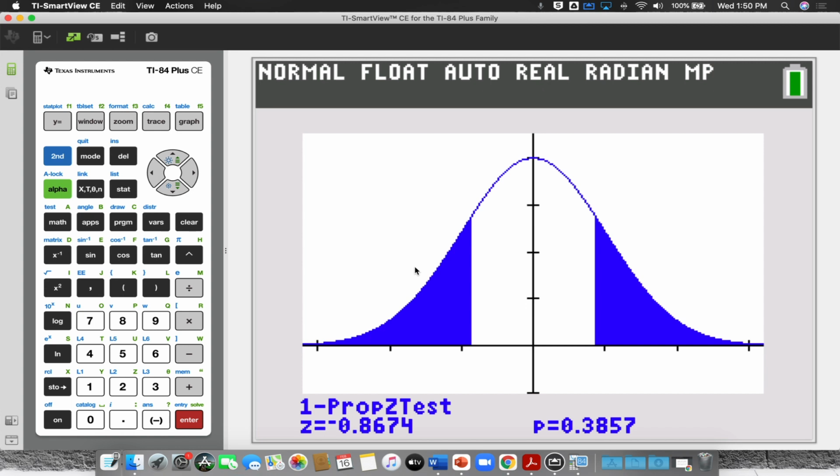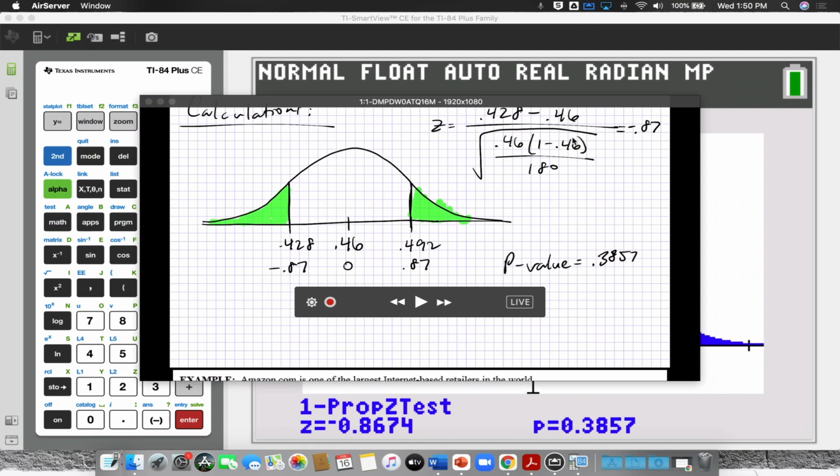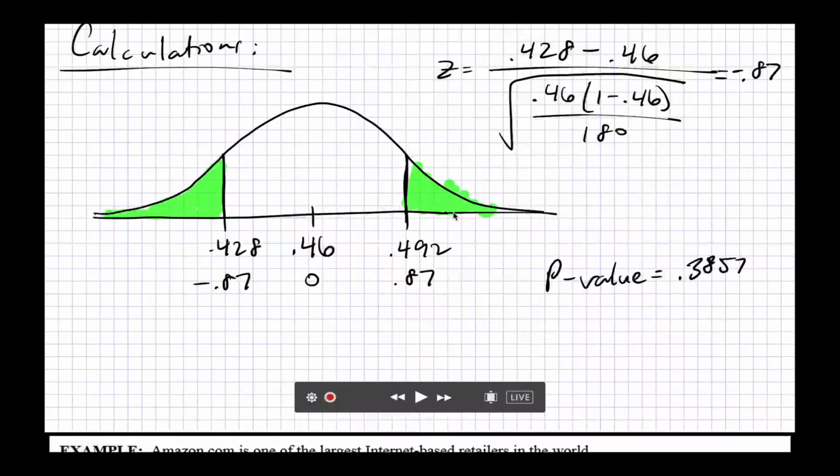If you do them using the table, it does one at a time. Okay, so that's the difference. So that 0.3857 represents both greens. Okay, so how do I figure out what each green was then? Divided by 2, yep. Divide your p-value by 2.